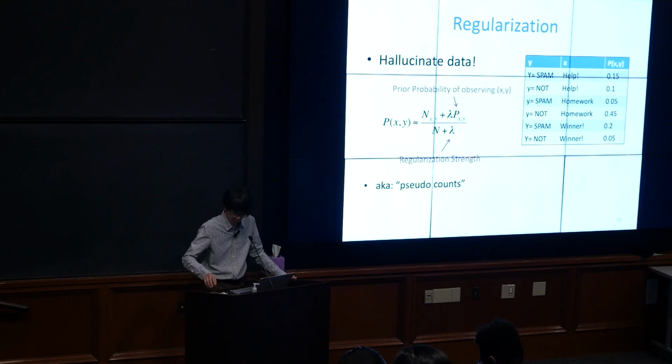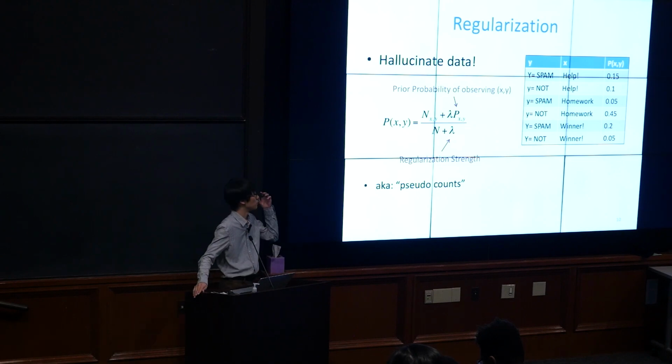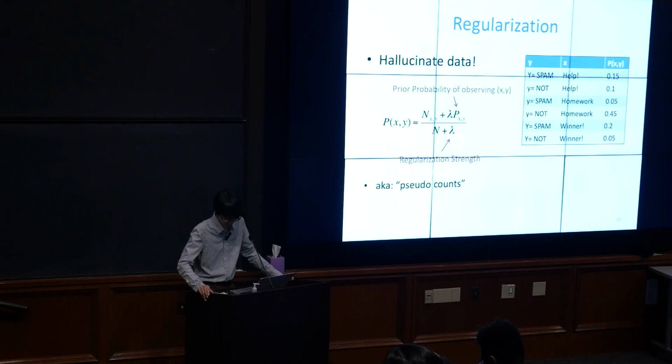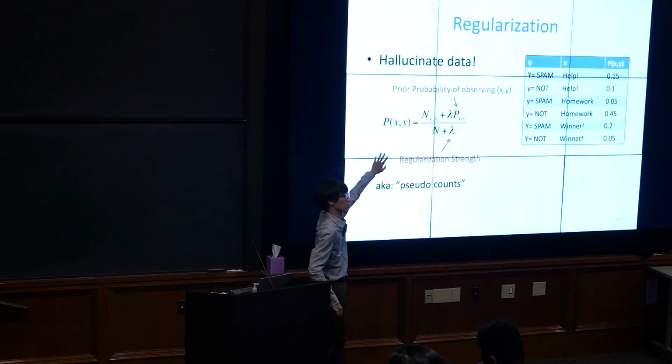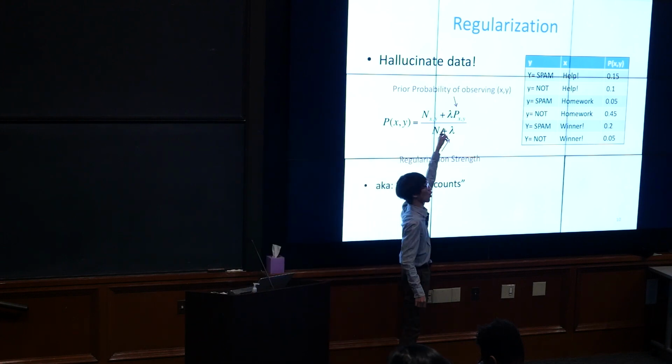So one of the popular ways of regularizing these kinds of models is to hallucinate data, or add pseudo counts into your data set. This isn't actual observed data, we're just pretending that we did in order to add a little bit of regularization to our model. So instead of just the data counts and the total number of data counts, we add arbitrary data at the top and add that count to the bottom.